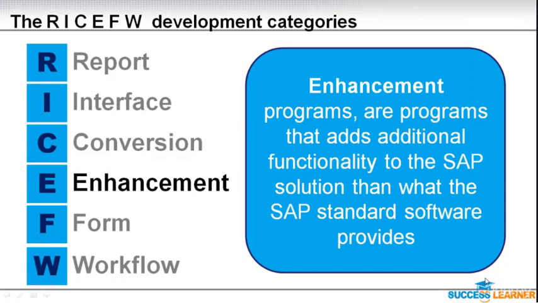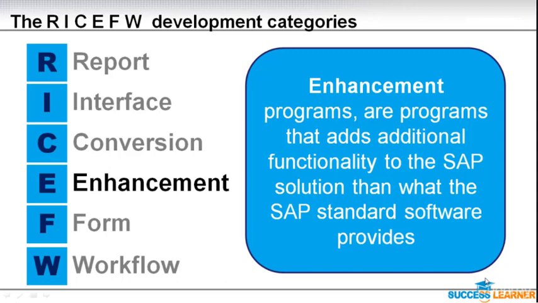Fourth category is enhancement. So enhancement programs are programs that add additional functionality to what SAP already provides. It can be to the existing solution, or it can be to the standard SAP software.